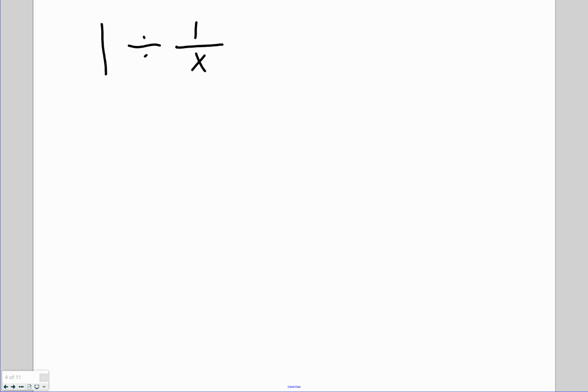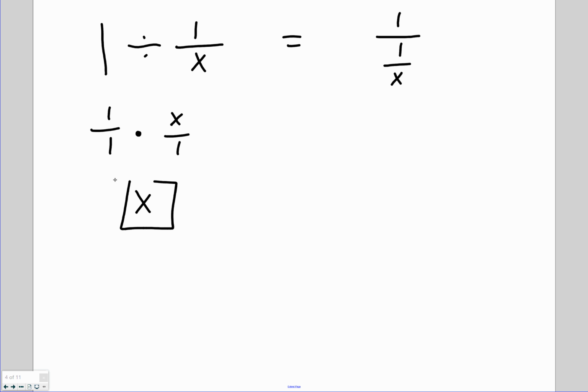Do you agree that's the same thing as 1 divided by 1 over x? All right. So if I have 1 over 1 divided by x over 1, what do you do to this fraction? You flip it. So what's 1 over 1 times x over 1? Proved.